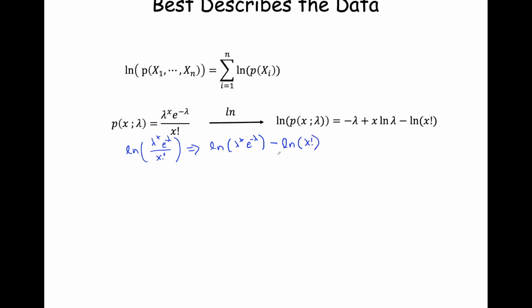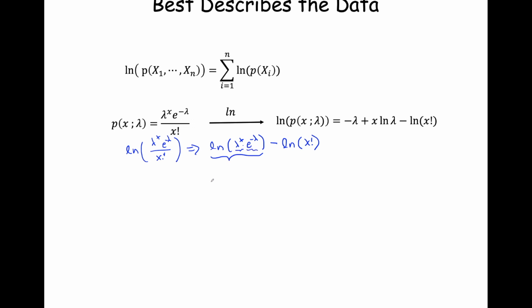Okay, so there's our minus ln of x factorial. We look at this first term, and that first term is the product of two things: lambda to the x power and e to the minus lambda.